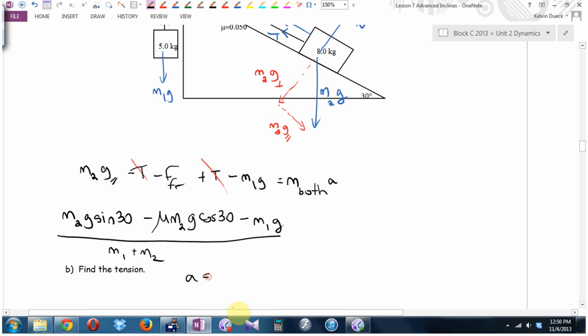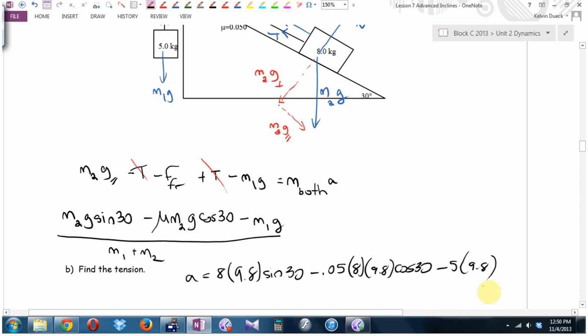A equals, we plug in numbers, M2, 8, 9.8, sine 30 minus mu 0.05, 8, 9.8, cos 30 minus 5 times 9.8, all divided by 13. Right, Ashley? And again, I think you've heard me say, friction doesn't make this as much tougher, a little longer. Okay, fair enough. More typing.